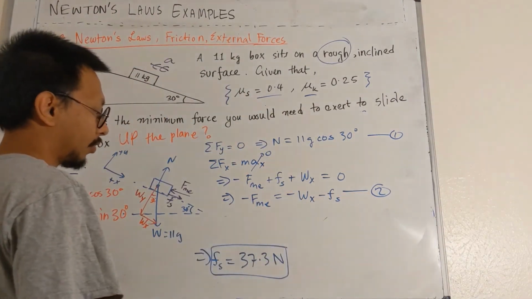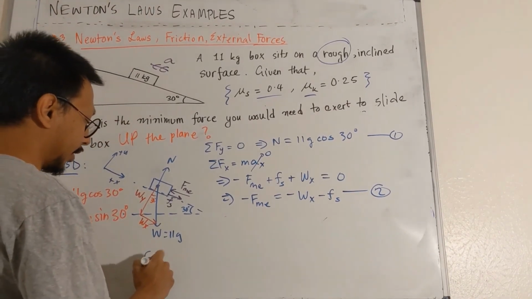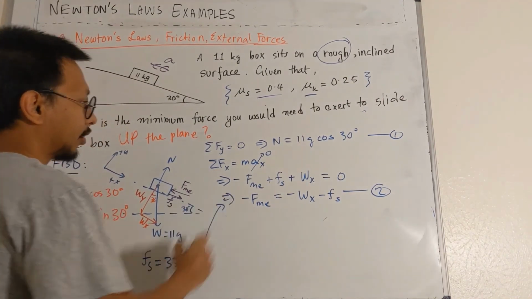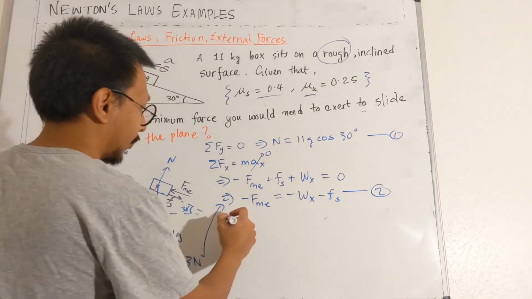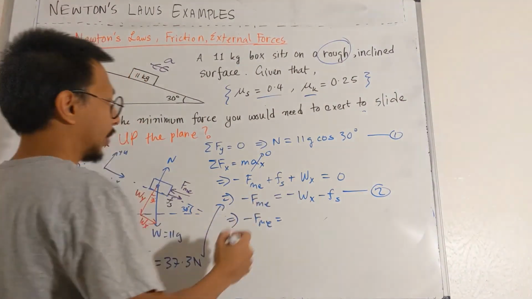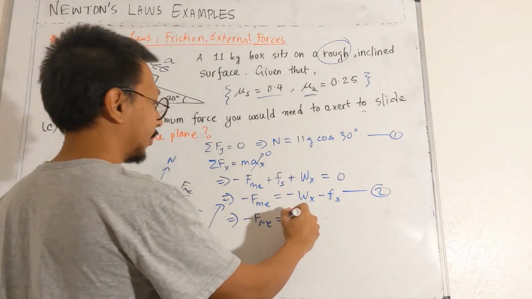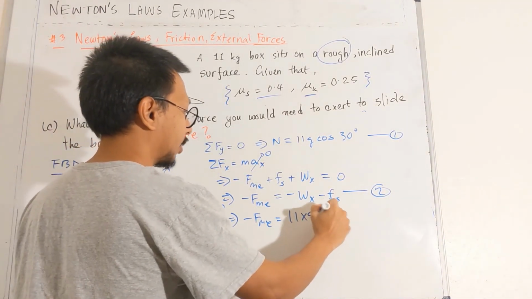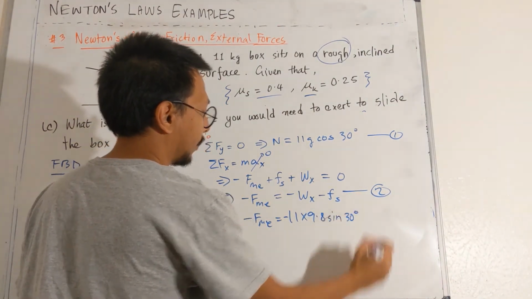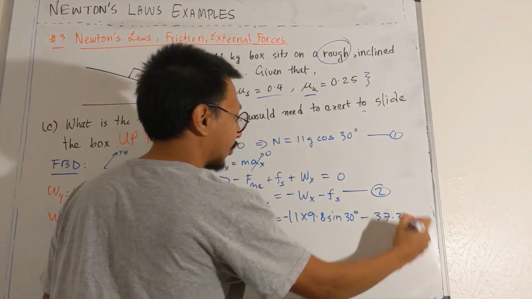So now that we have found static friction as Fs is equal to 37.3 newtons, we just plug that into equation 2 to solve for F me. So we have negative F me is equal to negative Wx, the x component of the weight, which is 11g times sine 30, so 11 times 9.8 times sine 30, minus Fs, minus 37.3.